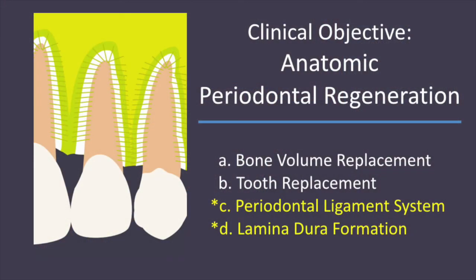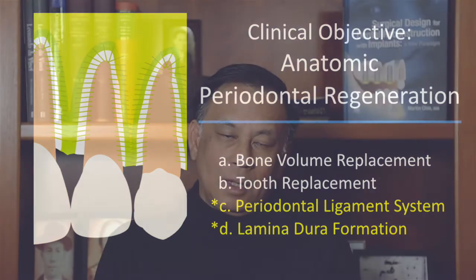In order to have regeneration of this defect, we have to show that the periodontal ligament structure, including the periodontal ligaments and lamina dura, has been regenerated on the distal aspect of the damaged lateral incisor tooth. In order to have a lateral incisor that is viable long term, we have to be able to regenerate the periodontal system. So we watched this over many months.